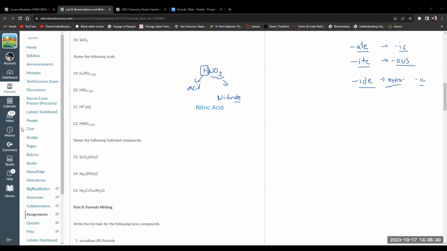Okay, let's take a look at another rule for acids. Let's look at number 19. So one thing to know about acids is that they have that hydrogen. This hydrogen is a positively charged molecule.